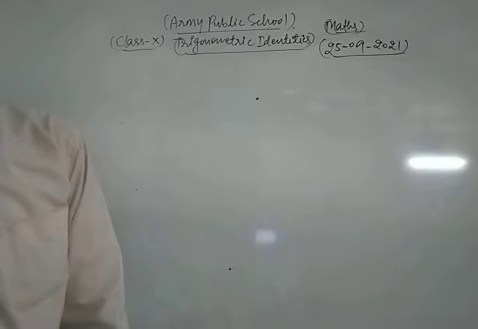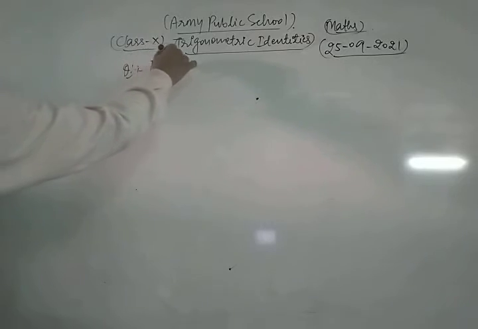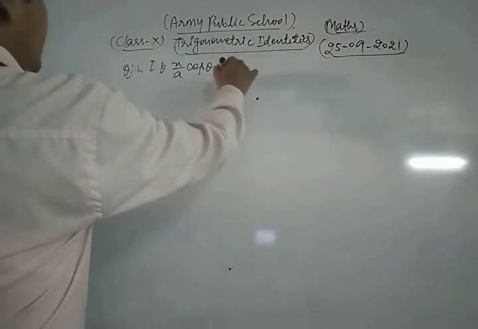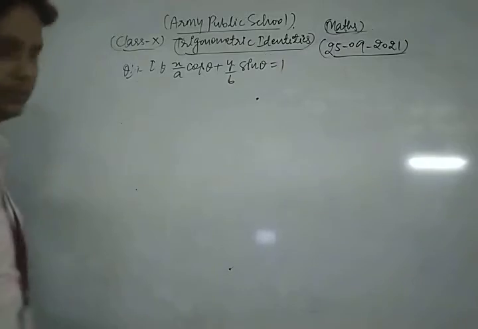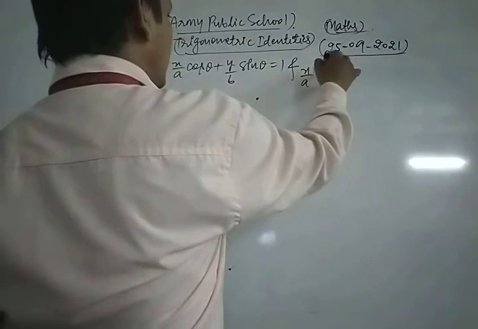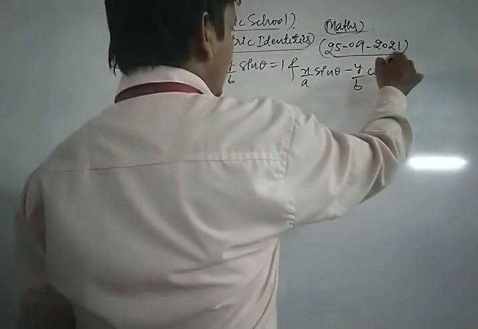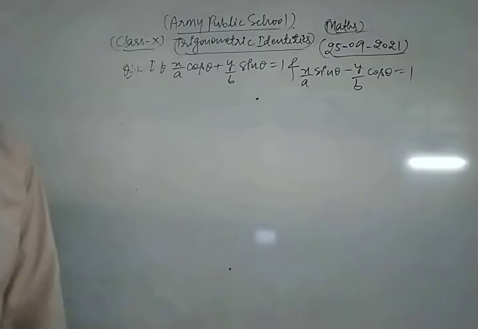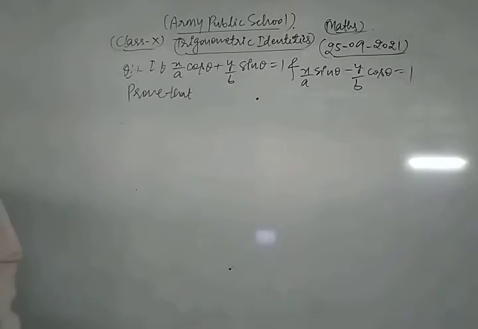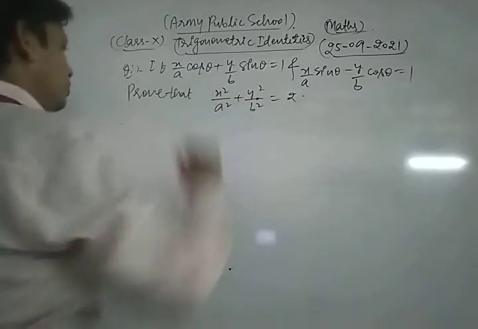Now we take a very important question. If x upon a cos theta plus y upon b sin theta is equal to 1, and x upon a sin theta minus y upon b cos theta is equal to 1, prove that x square upon a square plus y square upon b square is equal to 2.